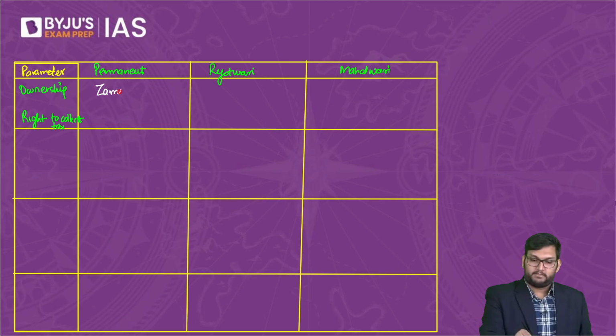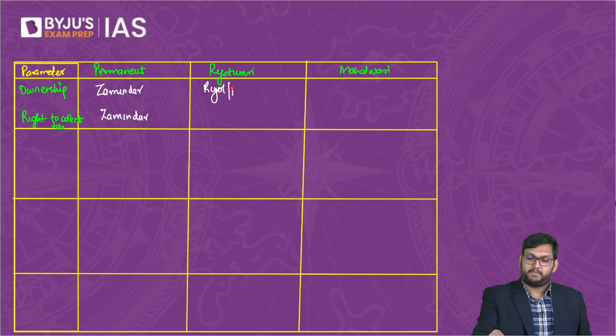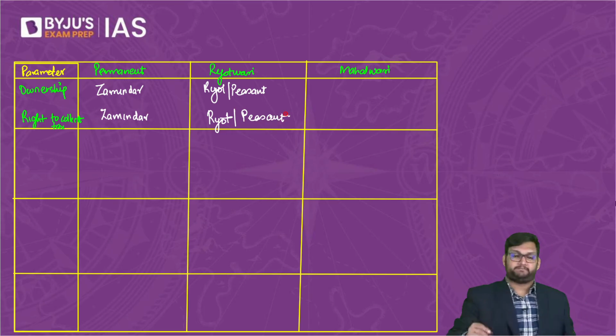Zamindar. Rayat or peasant. This technically does not apply because we'll write it only Rayat only. Ryotwari, Rayat or peasant. But in Mahalwari it's a split.